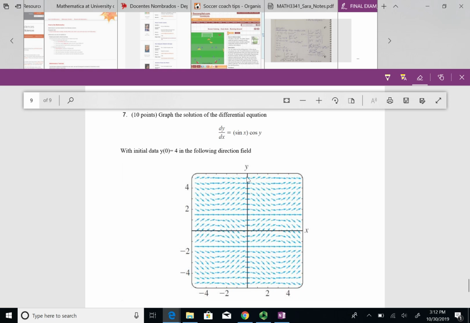Okay. So now, what is the exercise? The exercise is to try to guess your function. So I started at y0 equals 4, right? So my function, let me see if I can do this. My function starts here. I'm trying to mark it.